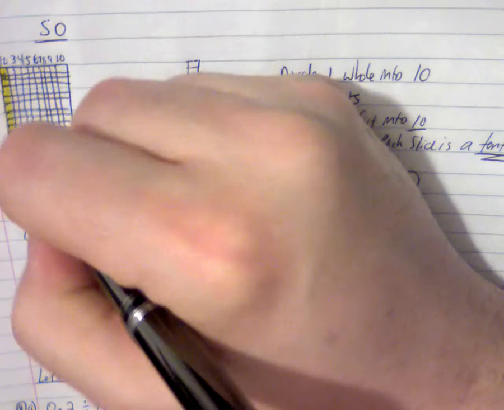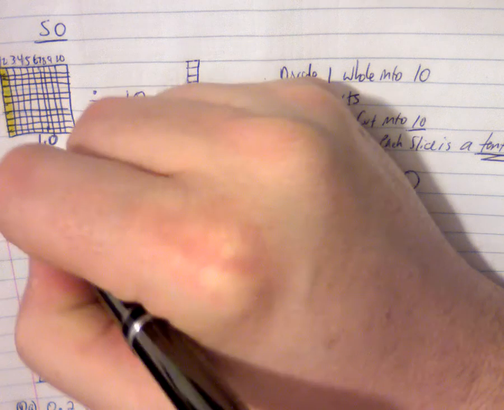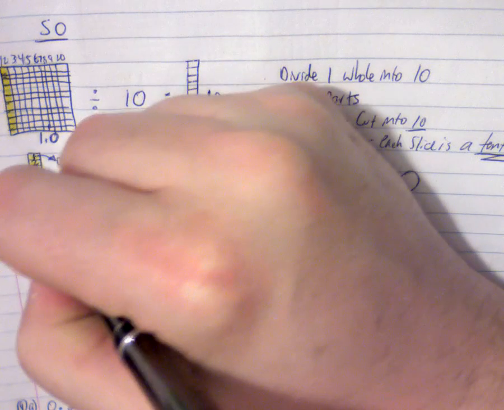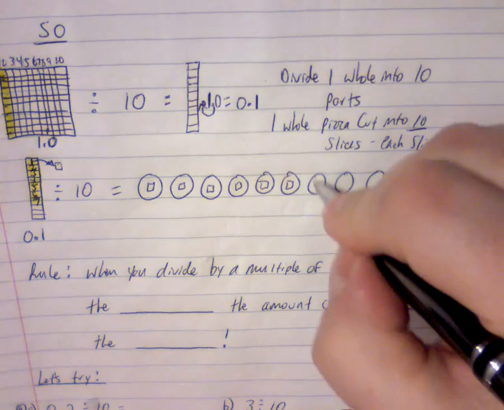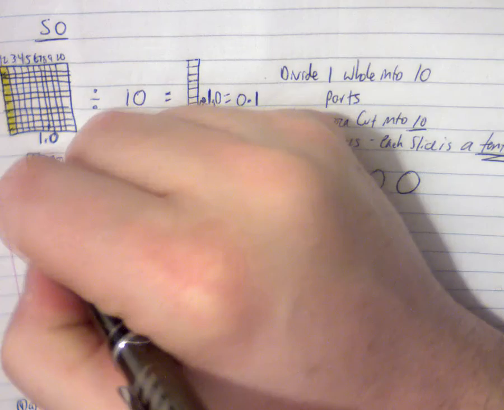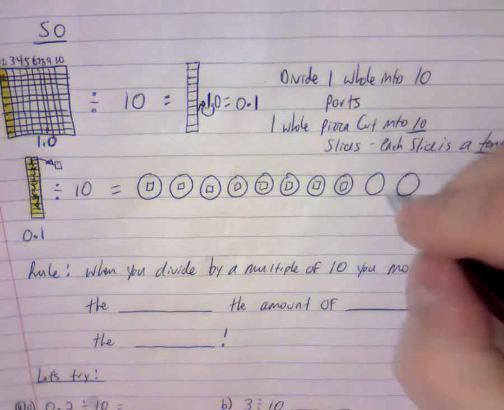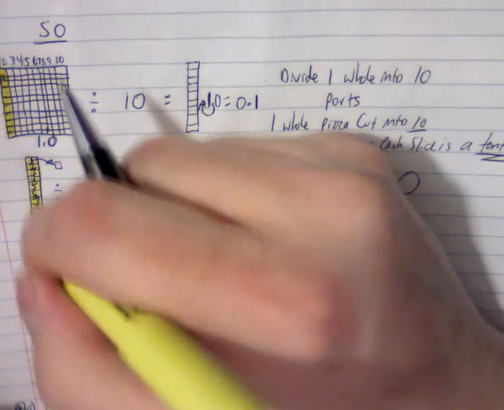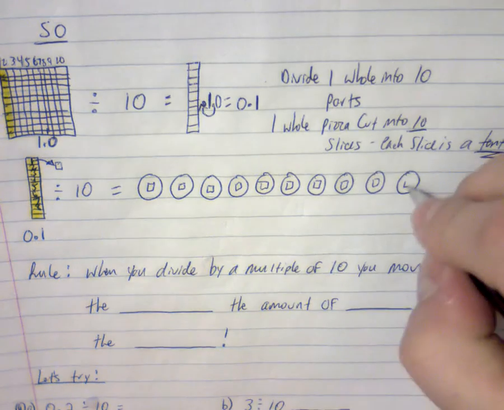Maybe I'll number them too, 1, 2, 3, 4, 5, 6, 7. So I got number 7 put in right there. I get number 8, and it goes here. I get number 9, and it goes here, and I have number 10, and it goes right there.